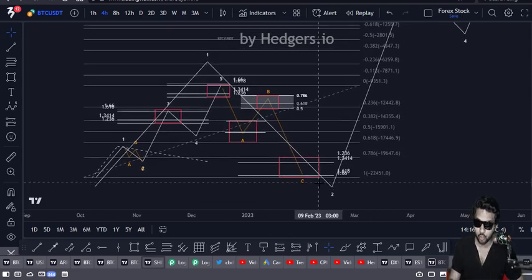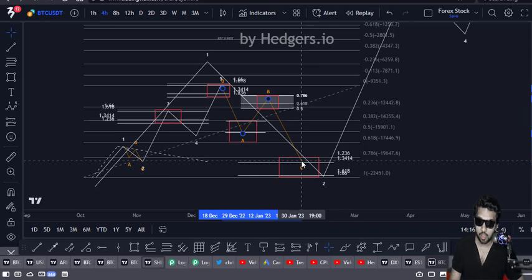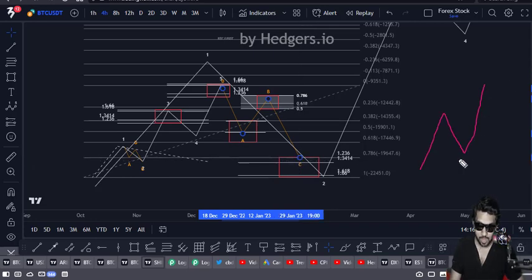That is also the validation of the wave 2. So most of the time it is the higher low like this, higher low of the wave 2 consisting of ABC.